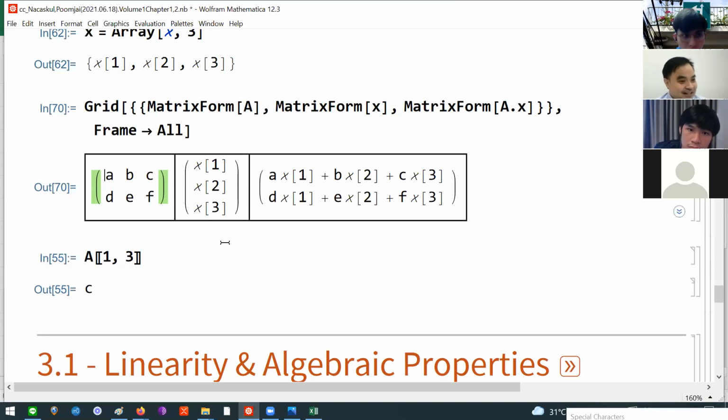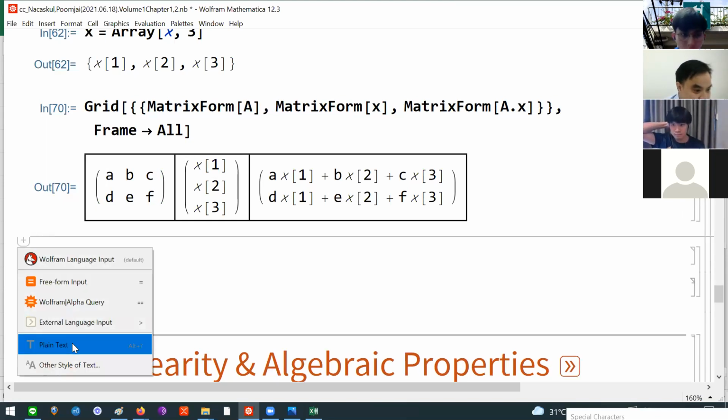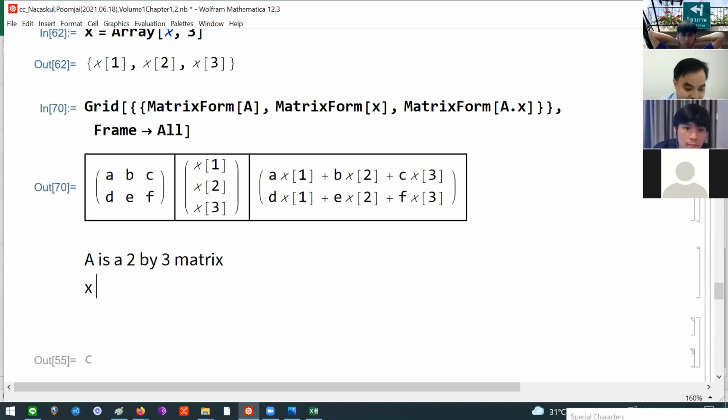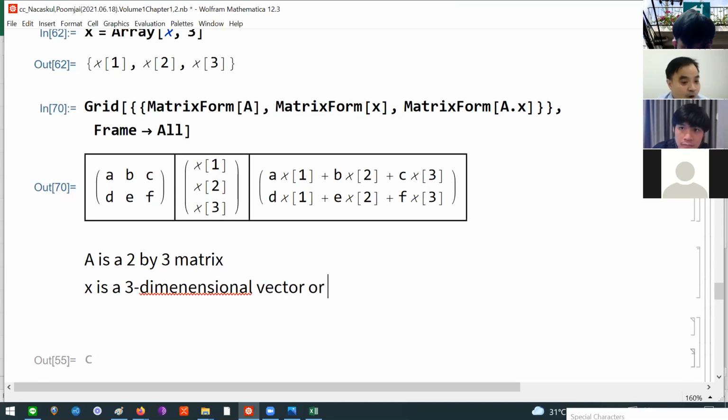So notice A is a 2 by 3 matrix. The X is a 3-dimensional vector. What's a 3-dimensional vector? It's a 3 by 1 matrix, right?